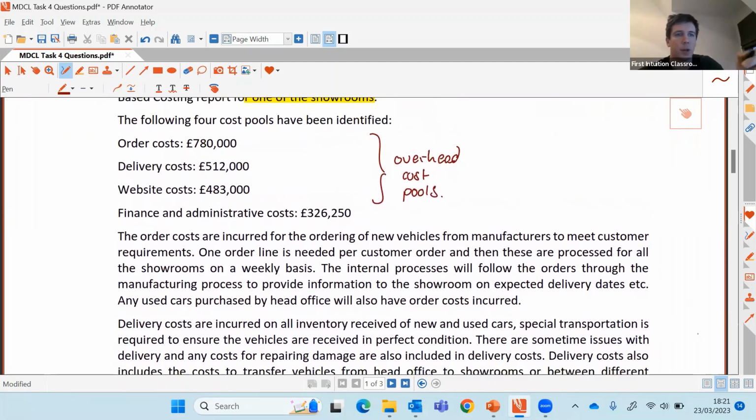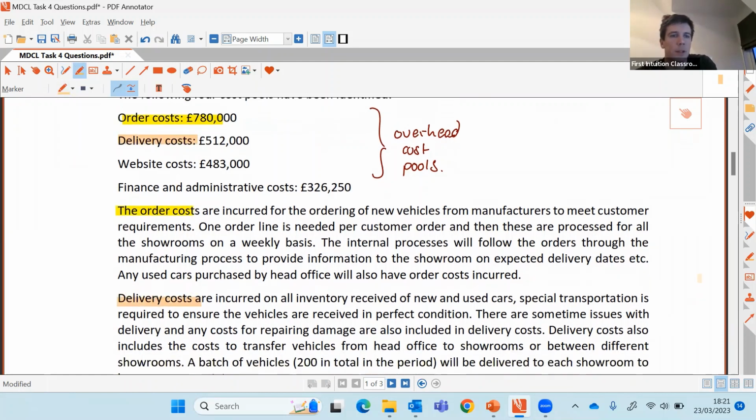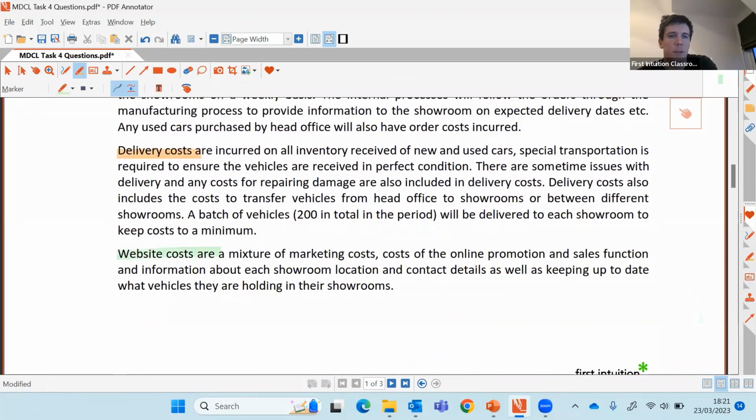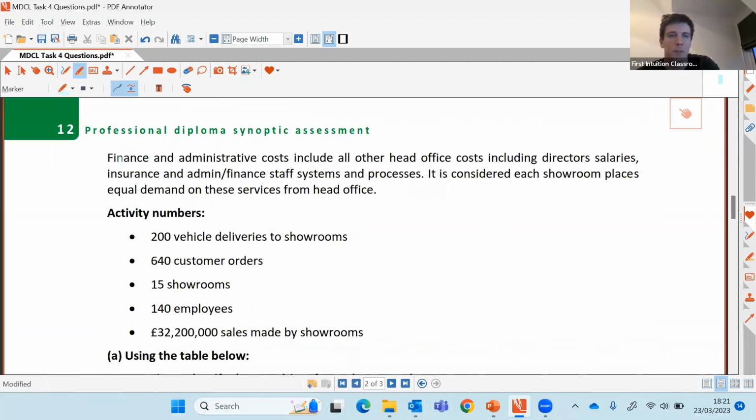So what you're then told is a little bit about each of these. So you can see you've got order costs. They then talk a little bit about delivery costs. There's information on website costs. And then over the page, they tell you a little bit about finance and admin.